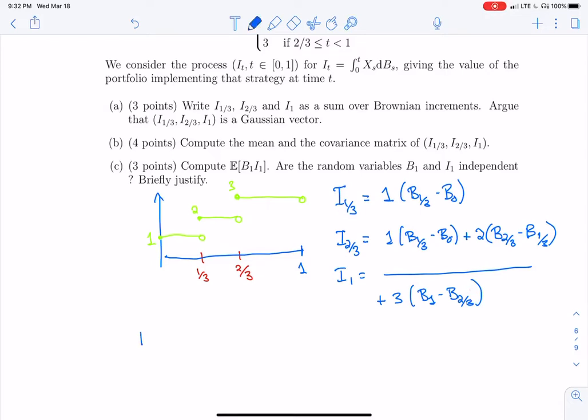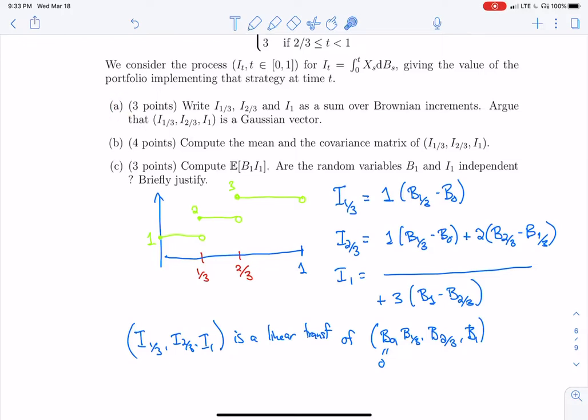So I 1/3, I 2/3, I 1 is a linear transformation of B0, which is 0, let's write it anyway, B 1/3, B 2/3, and B1. Okay, so this is 0, so it's a bit redundant. Alright, so that takes care of A.